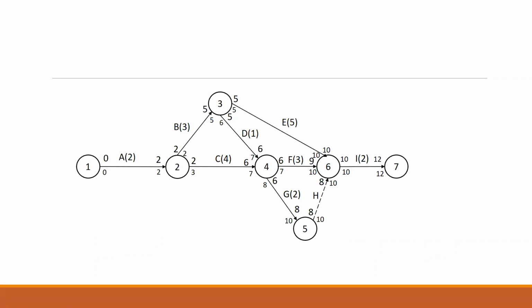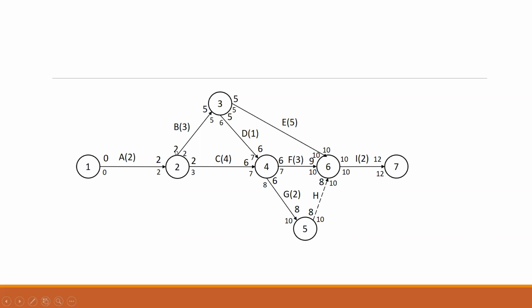Now, if you look at this overall calculation, which we did last time, across the diagram, it is very easy. I'll just show you the example of your forward pass. I start with 0. Your first node should always start with 0. 0 plus 2 will give me the finish time. Earliest finishing time for 1, 2 will be 2.